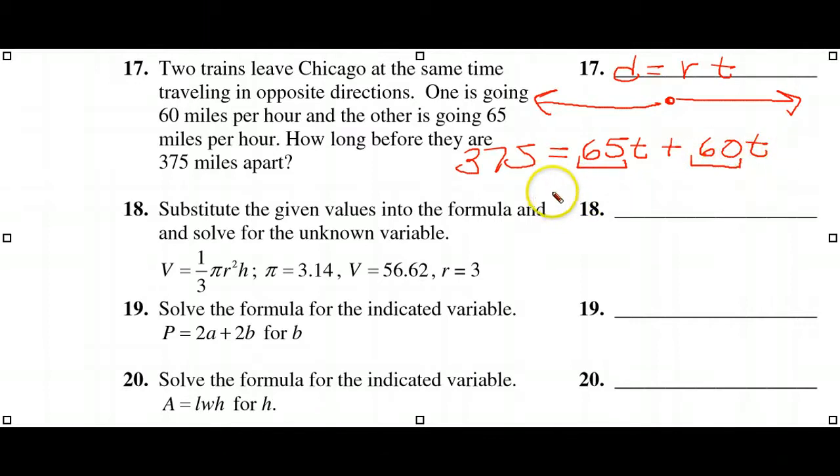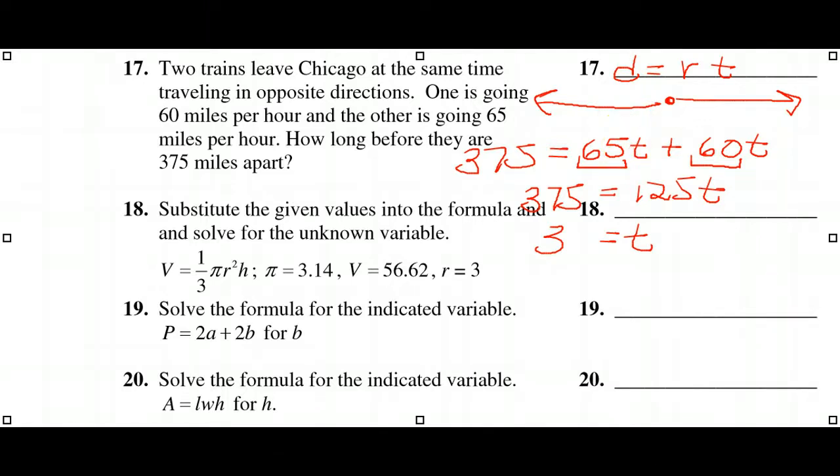So to solve this, we then say 375, add these two together, and this gives us 125t. Divide both sides by 125. T equals 3. So this is a nice, sort of an easy one here. But this is the pattern and the thinking that goes into it.